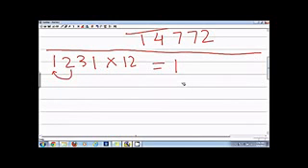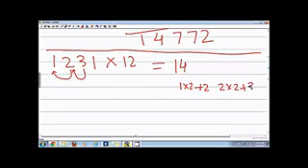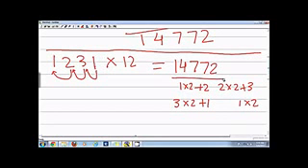So I will say 1 into 2 plus 2, so that is equal to 4, and then I will add 3 into 2, but I will multiply 2 by 2 before, so I'll say 2 into 2 plus 3, so that is equal to 7, and then now here I will add 1 into 3, but I multiply 3 by 2, so it will be 3 into 2 plus 1, so that is equal to 7, and then I will just multiply 1 by 2, so 1 into 2 is 2. So the answer is 14772.